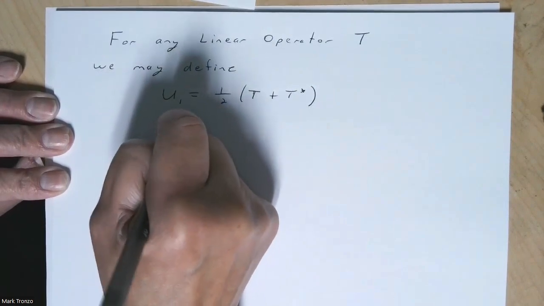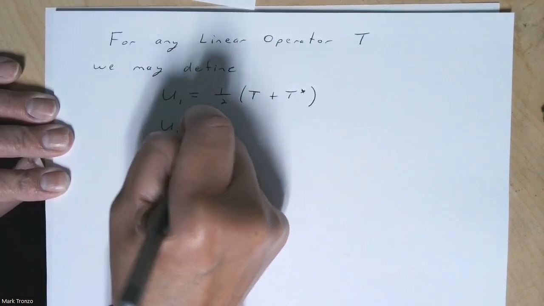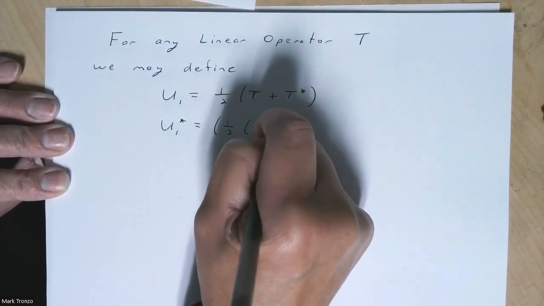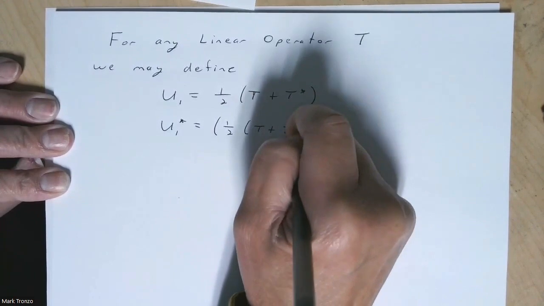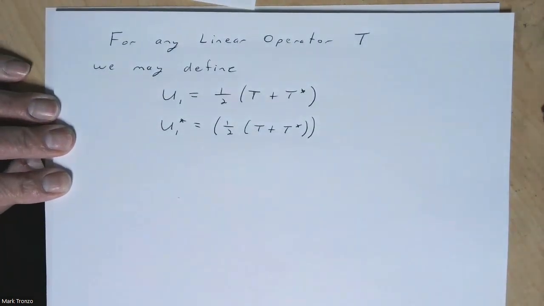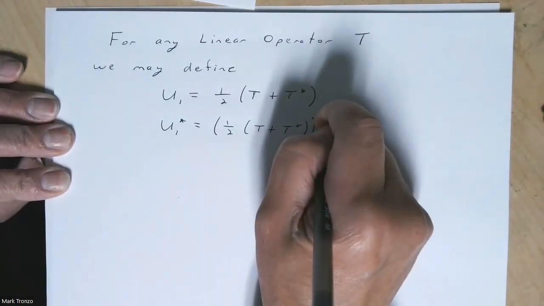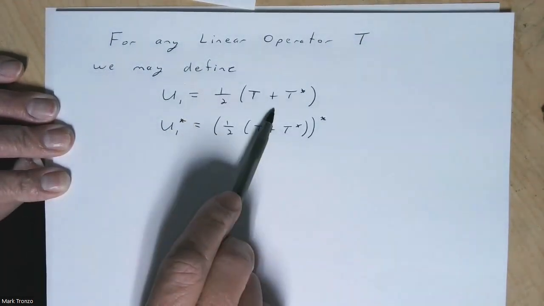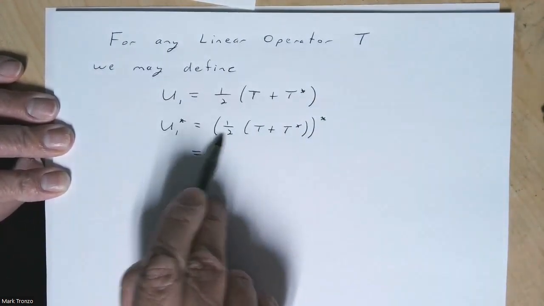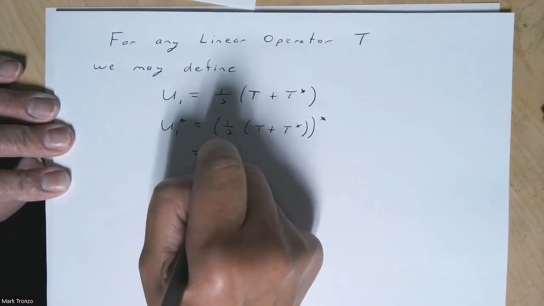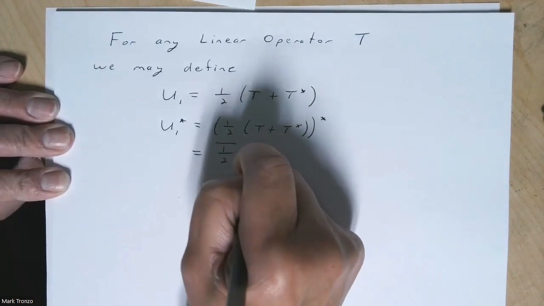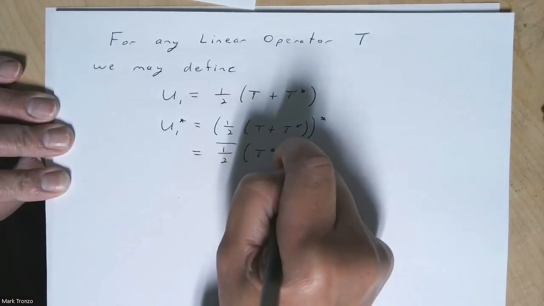And then let's consider the adjoint of that. Remember, if there's a constant here, we can take it out and do the conjugate of that.